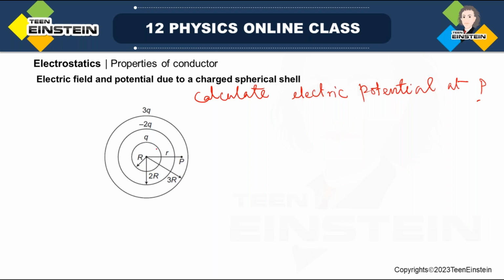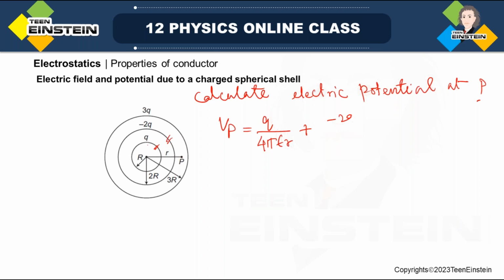Look here. This point P is an outer point to this and this. So VP will be Q by 4 pi epsilon naught, and what is this distance? I have to write R only. What about this one?